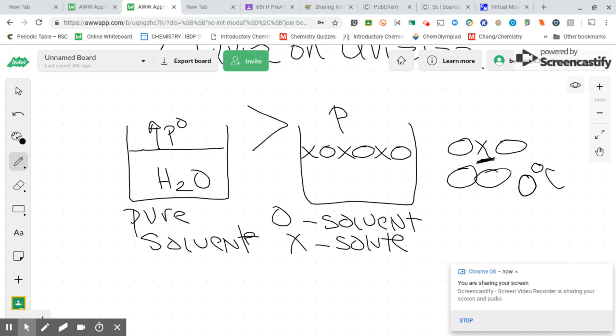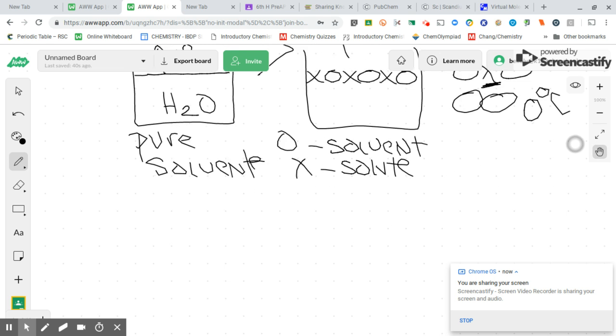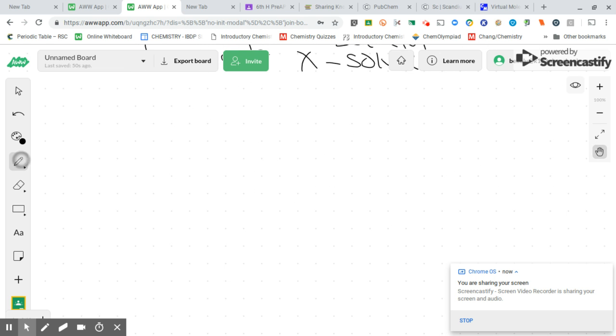I stands for the number of particles. How can I find i? Let me scroll up. How can we find the value of i? For instance, if we are using sugar, i will be equal to 1.